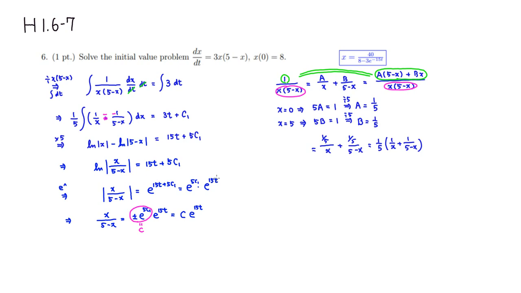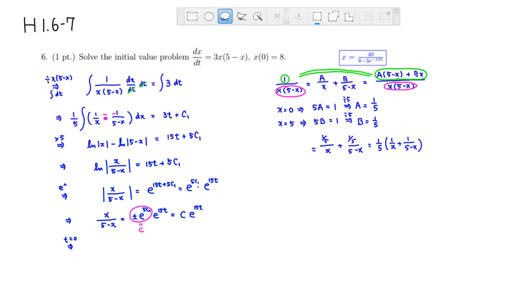Alright, so here, this is a good place to use the initial condition. It says that x of 0 is equal to 8. So let's plug in t equals 0. So x of 0 is 8, so you have 8 on top.